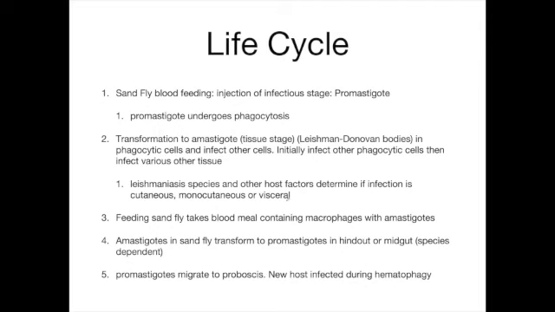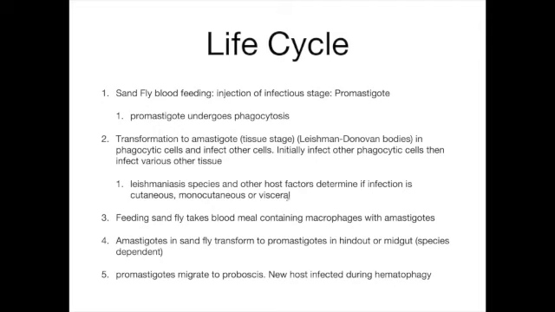This disease can spread pretty quickly because they can replicate fairly well. A single parasite in a macrophage can develop into 200 or 300 parasites, which can then burst out into the extracellular space and be phagocytized again. Leishmania species and other factors determine if the infection is going to be cutaneous, mucocutaneous, or visceral. So different Leishmania species can cause different forms of the disease.